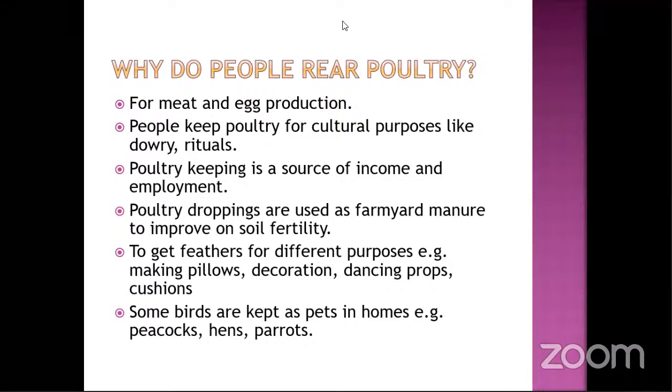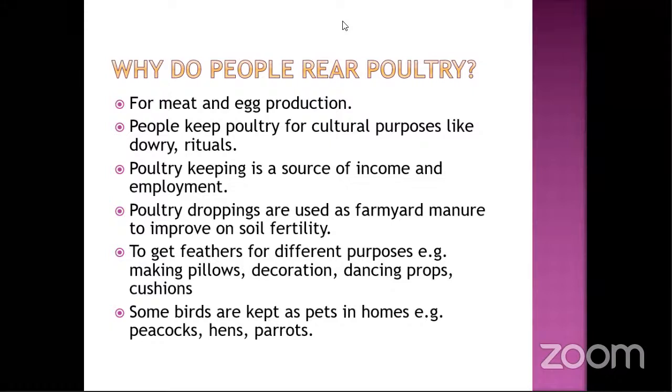But I see Lynette. Lynette, can you tell us what pets are? Pets are birds or animals kept at home. That is Lynette's idea. Let's hear from Samantha also. Pets are animals kept at home.